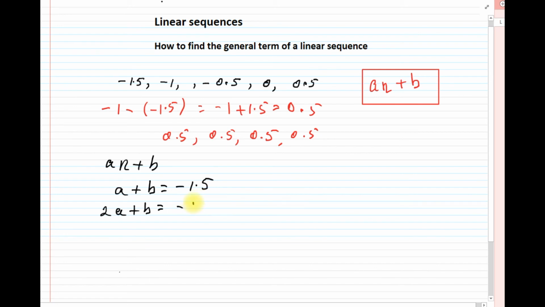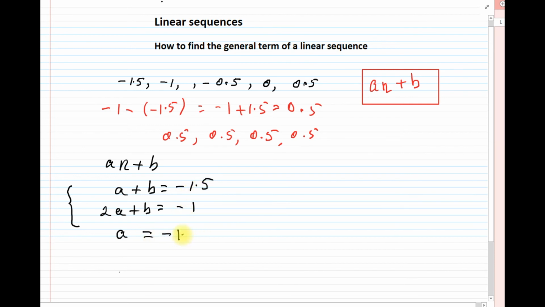Now I have again two simultaneous equations. Let's subtract the top one from the bottom one. 2a minus a gives me a, and this one minus a minus 1.5. Let's write this in longhand.